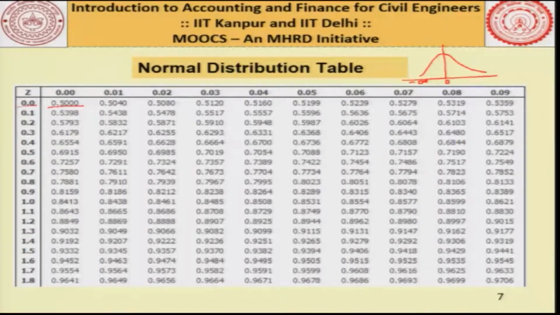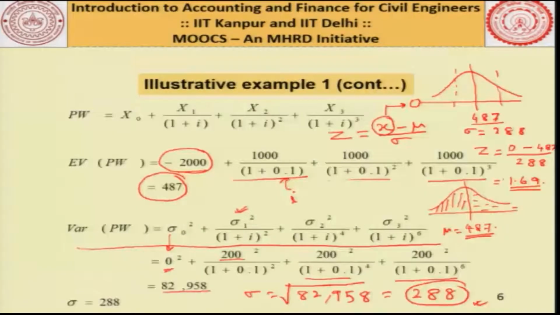Z is equal to 0 would be somewhere here, right, and corresponding to this, the value given in this particular table is coming to be 0.5. It means this table is measuring the value from minus infinity onwards. Now, we have to locate a point. You will find this is coming to be minus 1.69. You also know that the normal distribution graph is symmetrical.